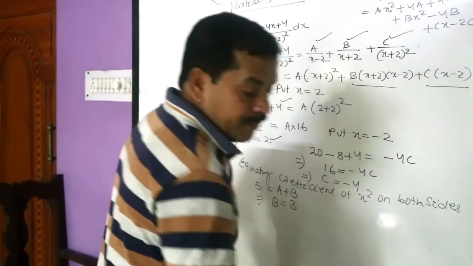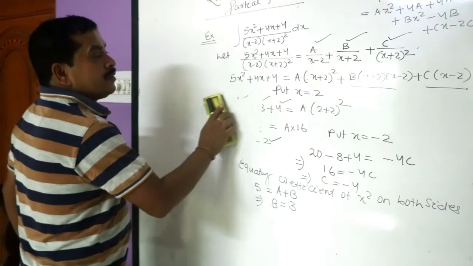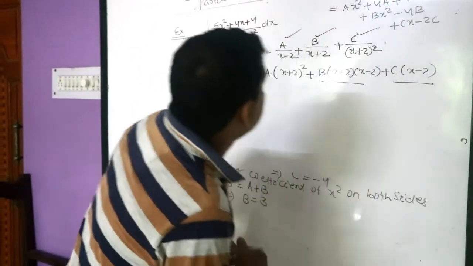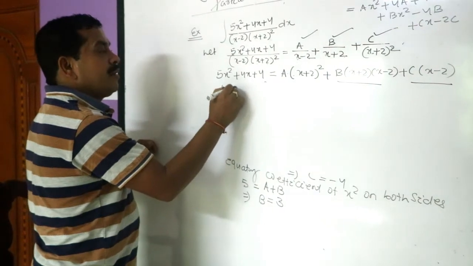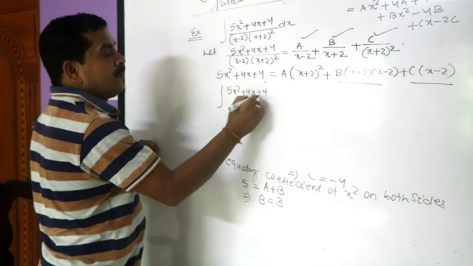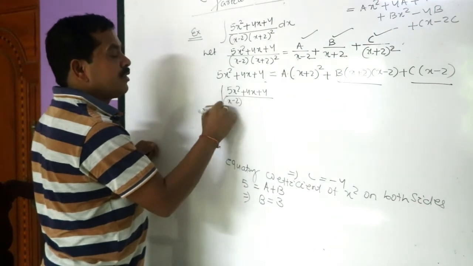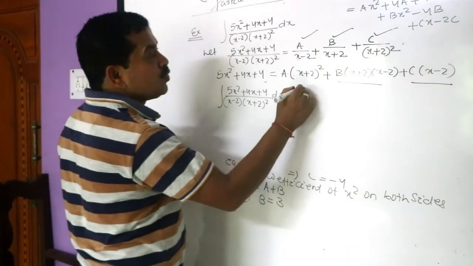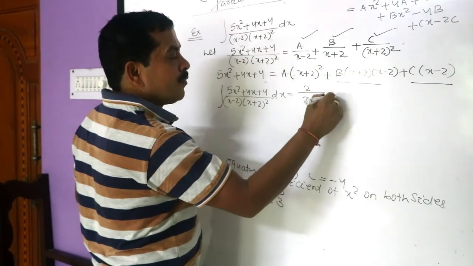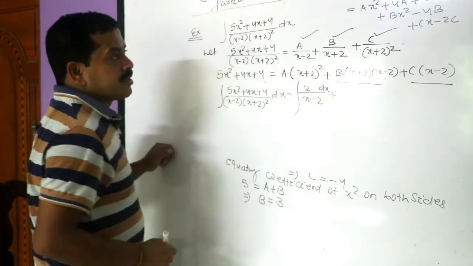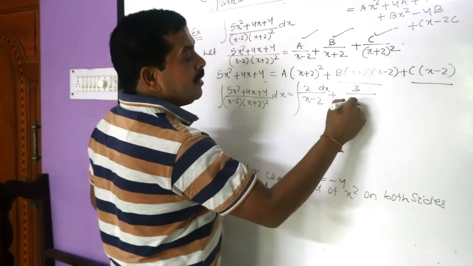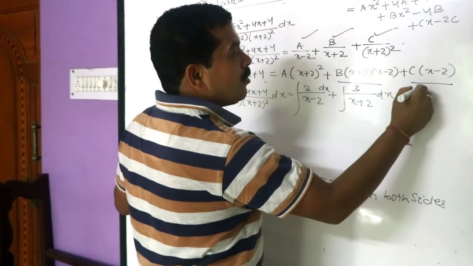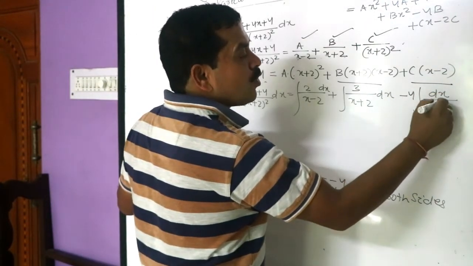Next, the integration of (5x square plus 4x plus 4) by (x minus 2) into (x plus 2) whole square is the integral of a, that is 2 by (x minus 2) dx, plus b, that is 3 by (x plus 2) dx, and c equals minus 4 dx by (x plus 2) whole square.